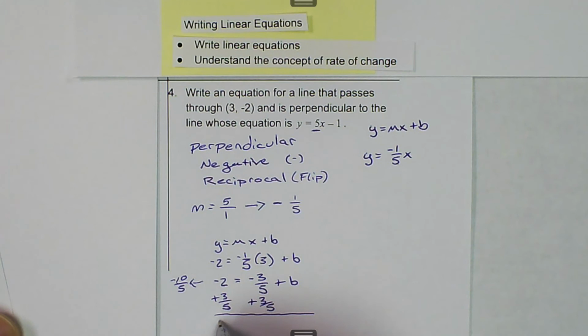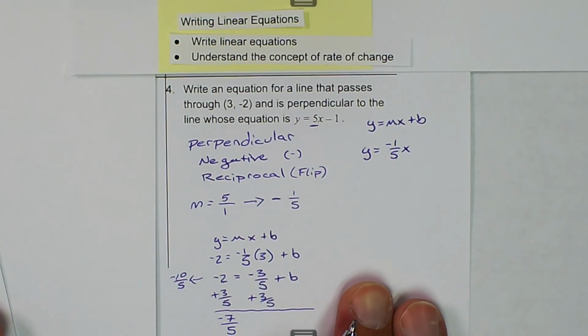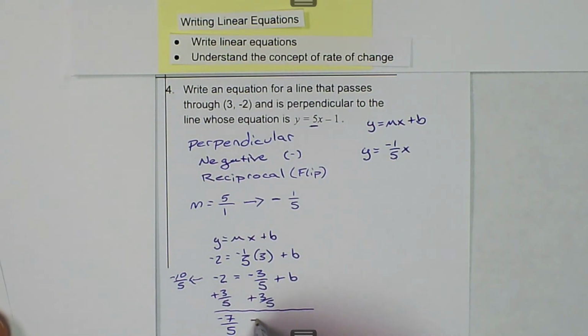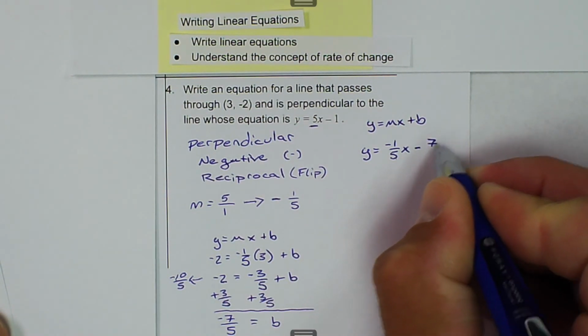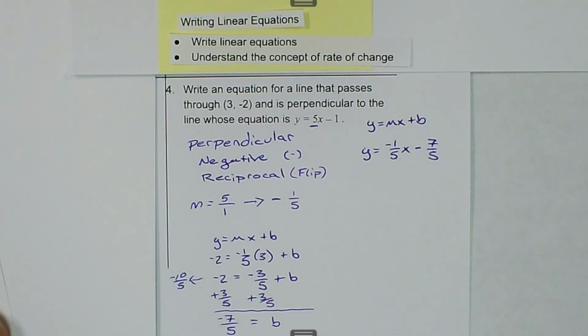Keep the sign of the bigger number, so that's -7, and we have the common denominator, so we keep that as well. So our b value is going to be -7/5, and then we can substitute that into our equation. And so the solution for this one is y equals -1/5 x minus 7/5.